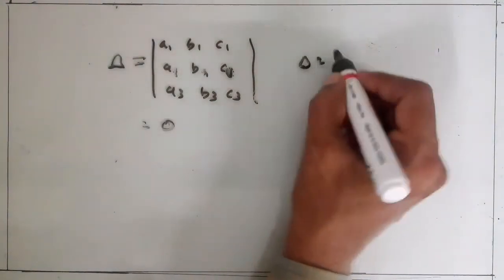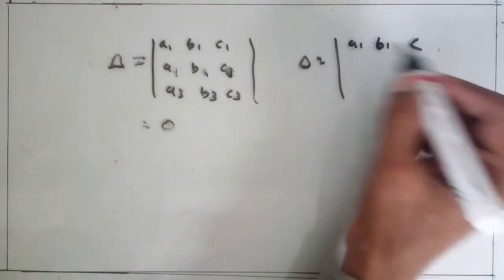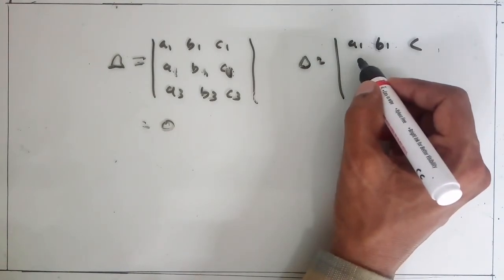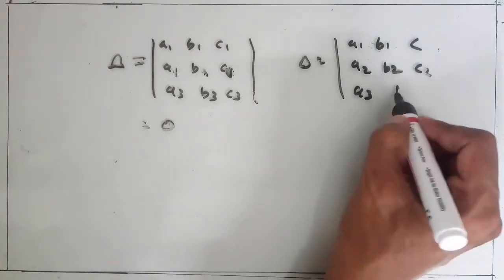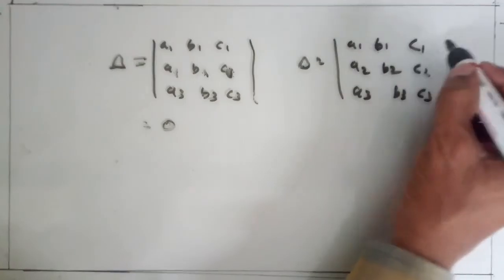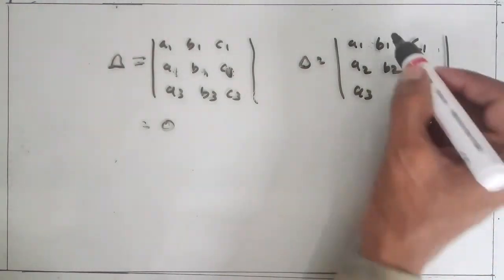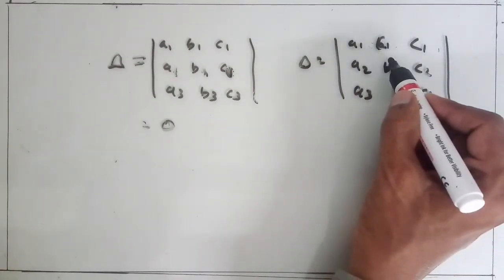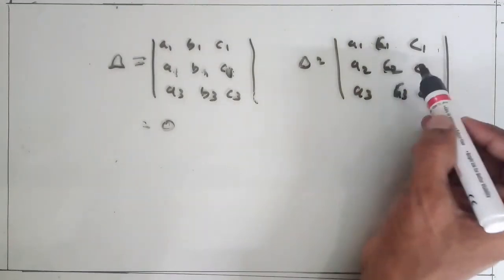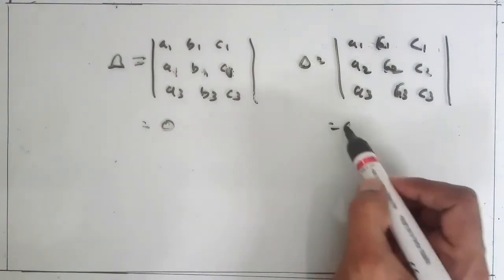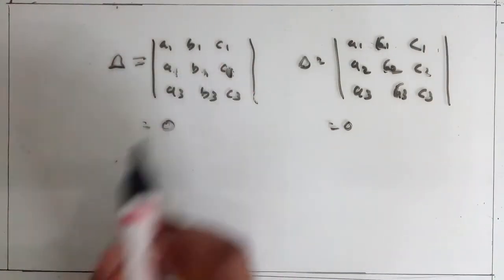Or if we have two columns the same, like in place of B1, B2, B3 we take C1, C2, C3, then here two columns are the same, so the value of this determinant becomes 0.